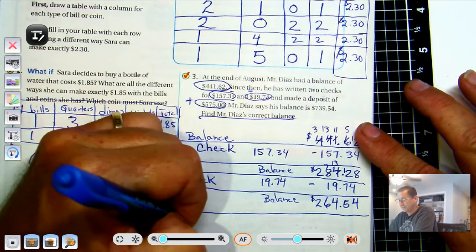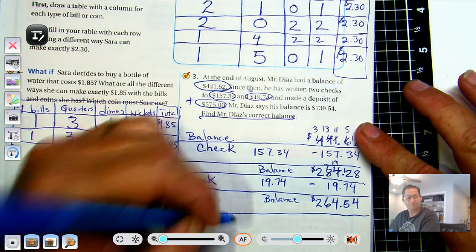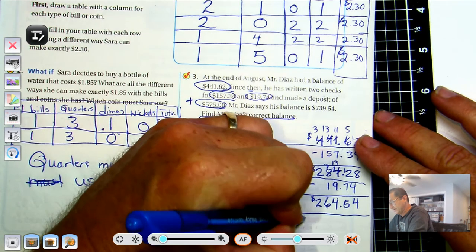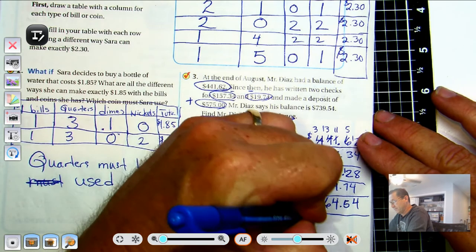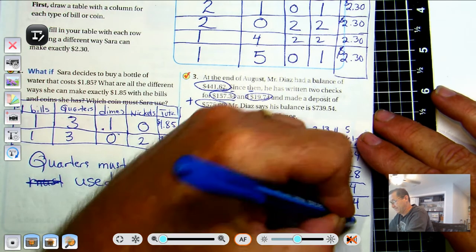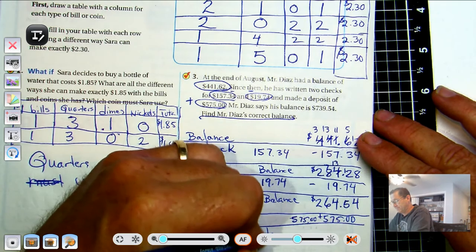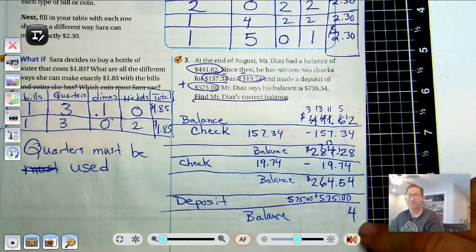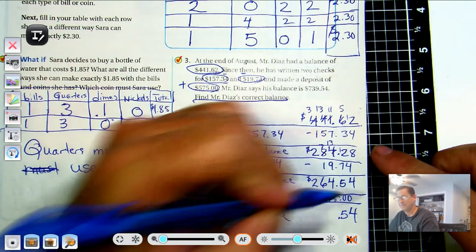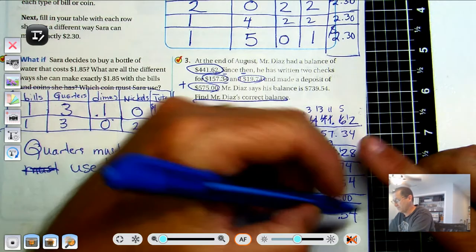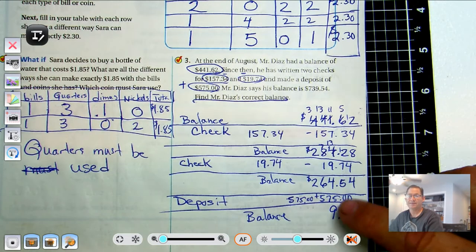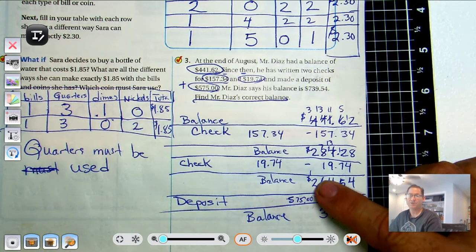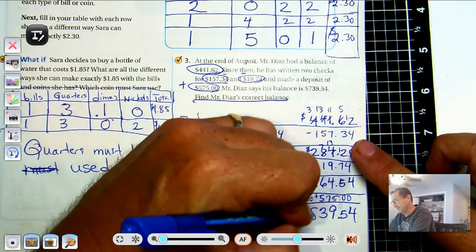And then he made a deposit. And his deposit was $575. So this time we're going to add 575. Well, 4 plus nothing is 4 hundredths. 5 tenths plus 0 tenths is 5 tenths. 5 ones plus 4 ones is 9 ones. 7 tens plus 6 tens is 13 tens. 500 plus 200 is 700, plus the regrouped 100 is 800.